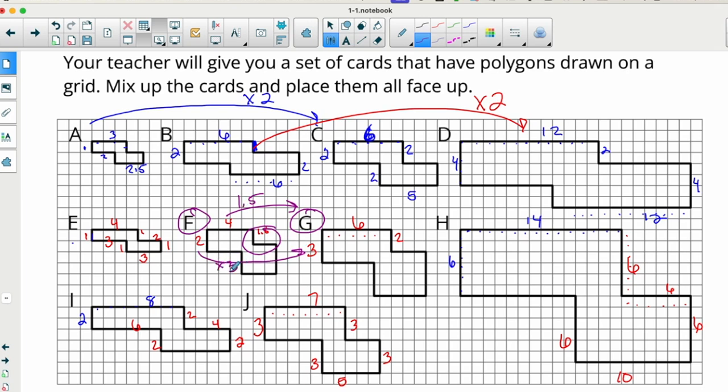And then if we look at some of these other ones, I think we'll find that those are the only ones that are left. So letter I seems to be double letter E. And letter J seems to be double letter H. So that leaves F and G to go together.